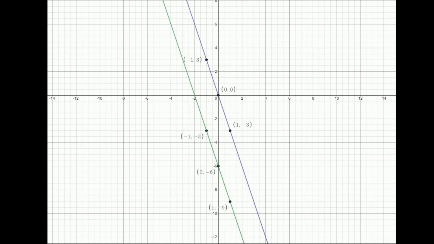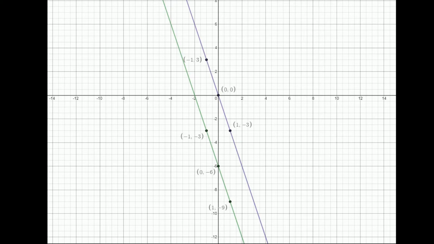So the purple line here, this is negative 3x. Here are my points: negative 1, 3; 0, 0; 1, negative 3. The green line here, this is negative 3x minus 6. And you can see all I'm doing is taking this point and going down 6 spaces to this point.